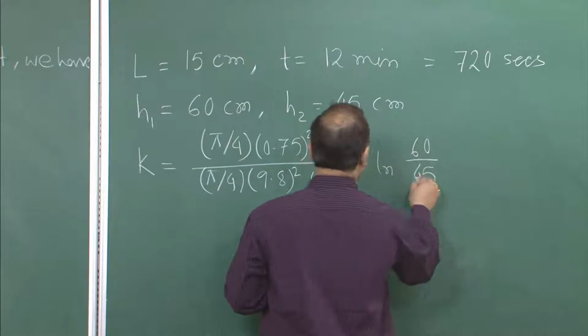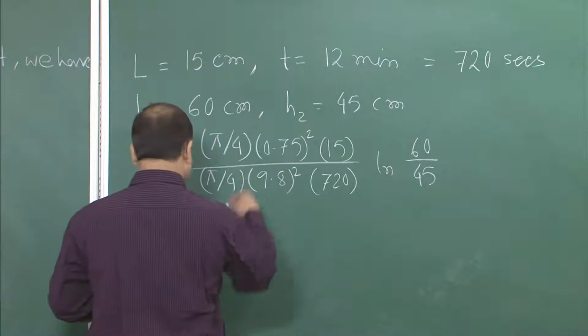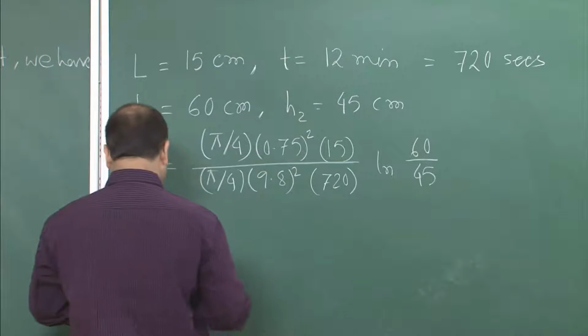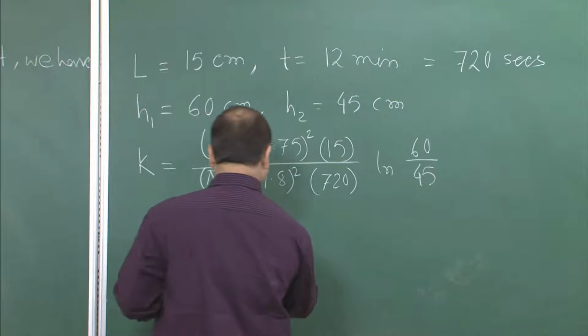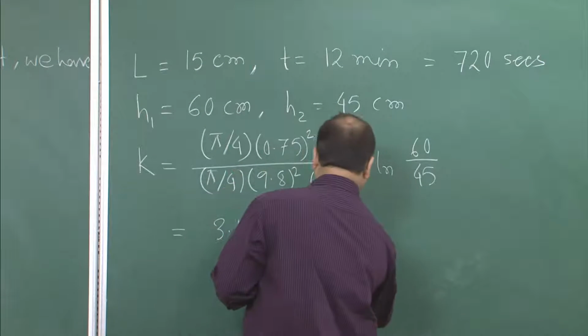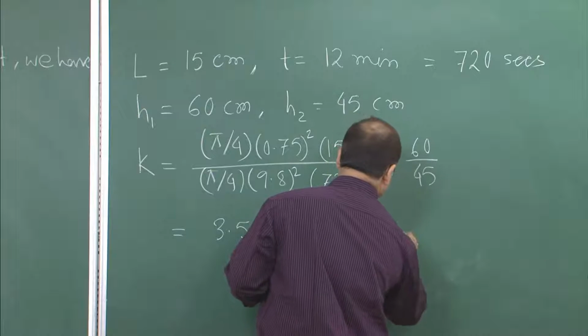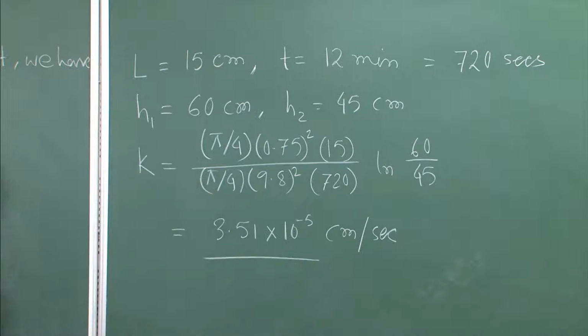We did not calculate the areas because we take advantage over here, they will get cancelled. So, ultimately I get 3.51 into 10 to the power minus 5 centimeter per second. This is your coefficient of permeability or the hydraulic conductivity.